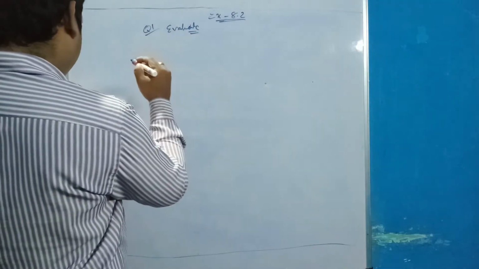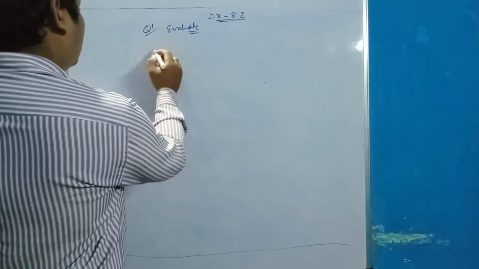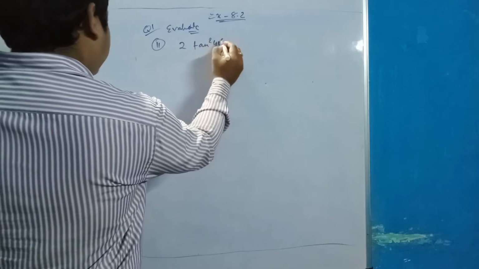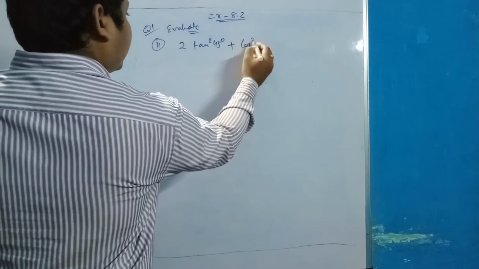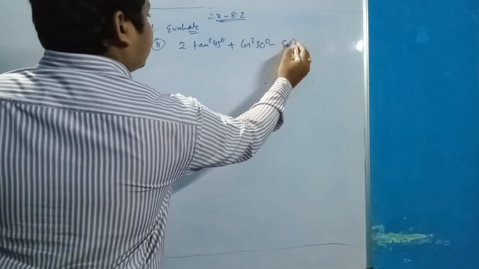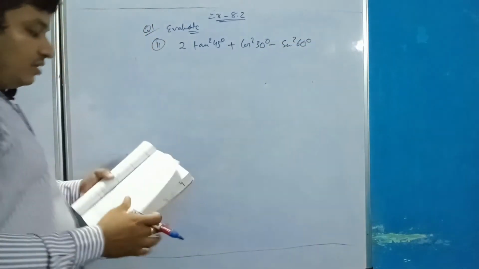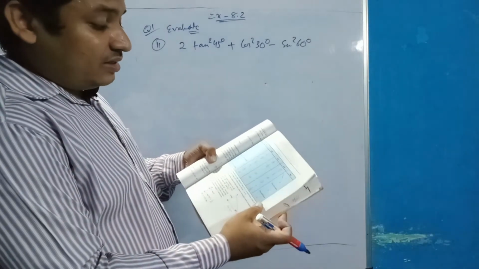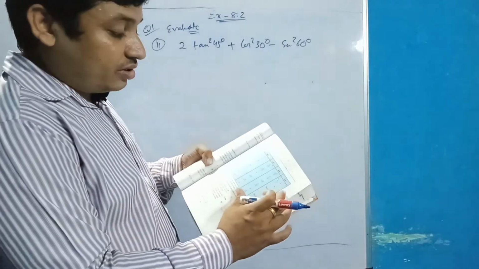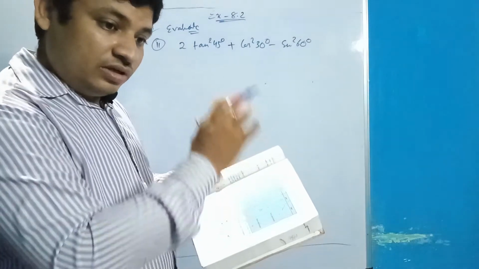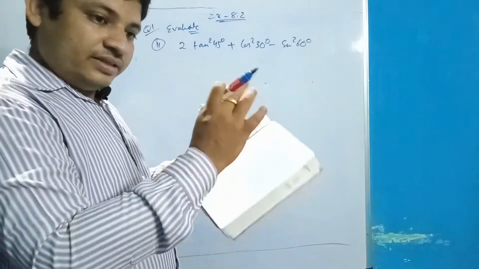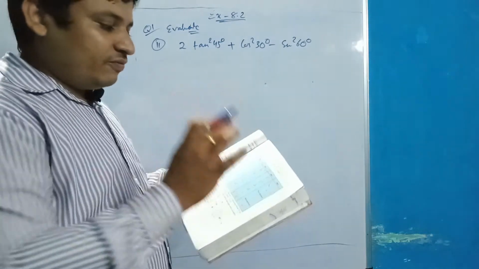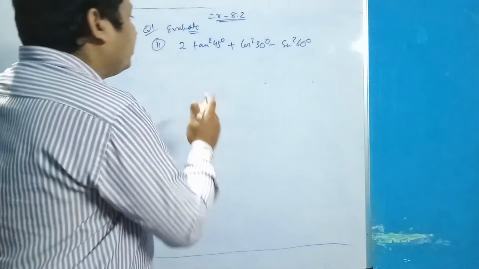Suppose I do question number 2, bit 2: tan square 45 degree plus cos square 30 degree minus sin square 60 degree. Now here the chart is given. Either we can follow this chart or the way I told to write down the table. Now for the time being you can follow from this table. So how it will be done?